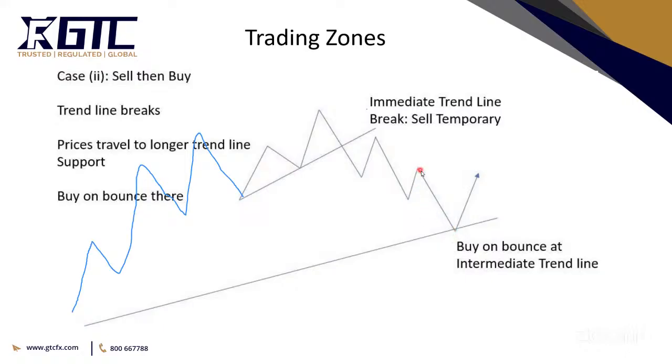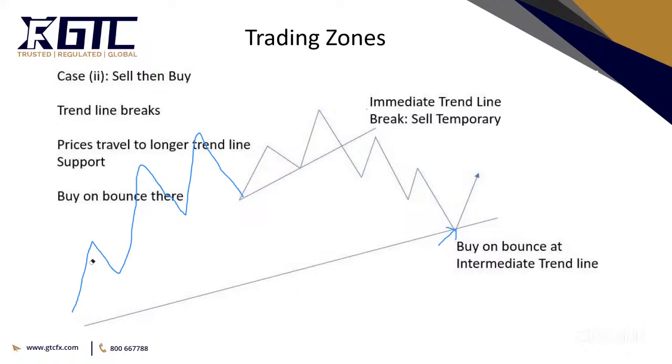So let the market hit the intermediate trend line. If the market bounces here, then we are back in business, sir. The short positions need to be covered. Okay, we've got to exit the shorts, we've got to enter buying the market here. So eventually what happens?